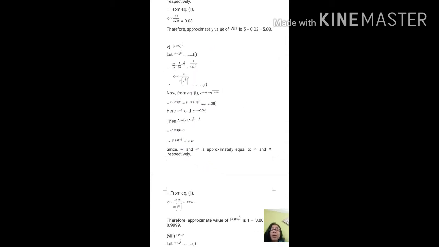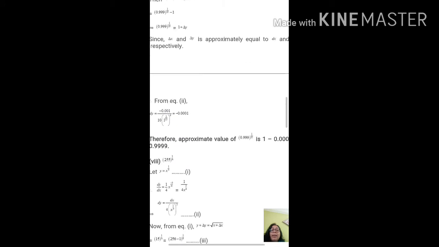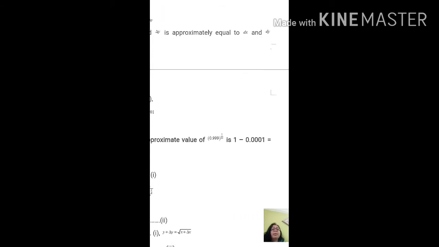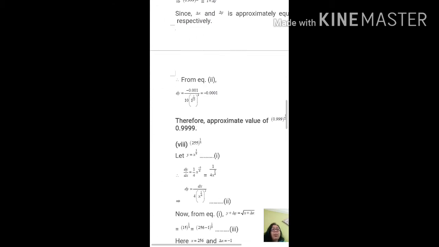Here x is 1, so put the value of 1 there. So the approximate value of 0.999 to the power 1 by 10 is 1 minus 0.0001, so 0.9999 is the approximate value coming.